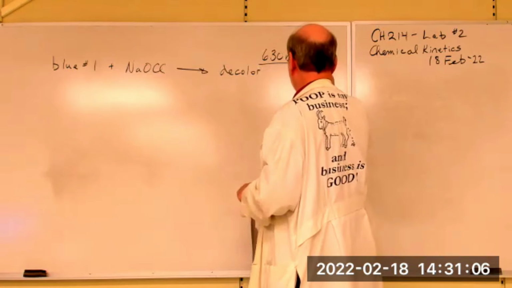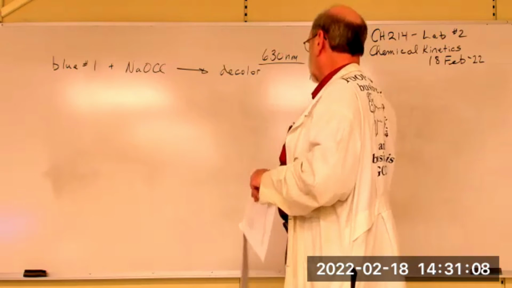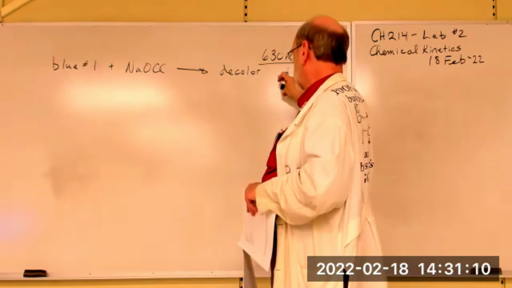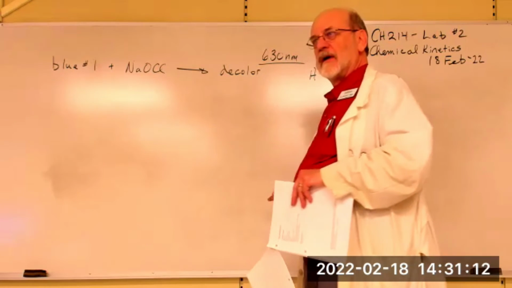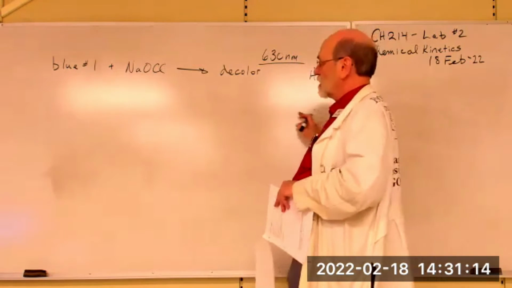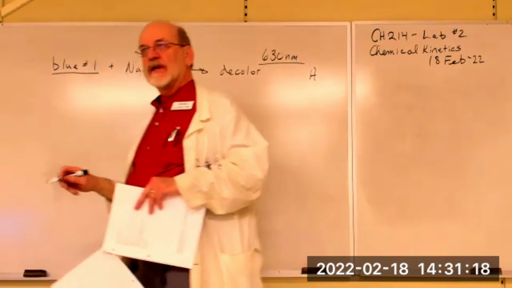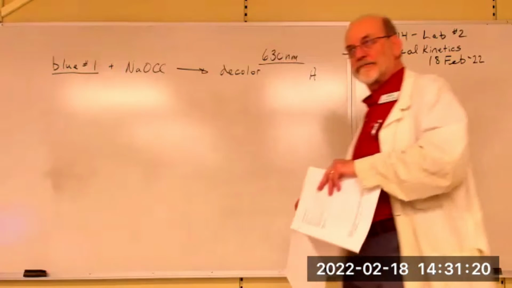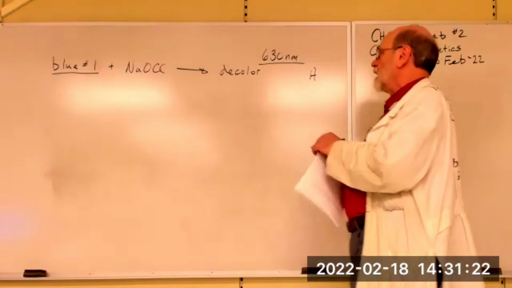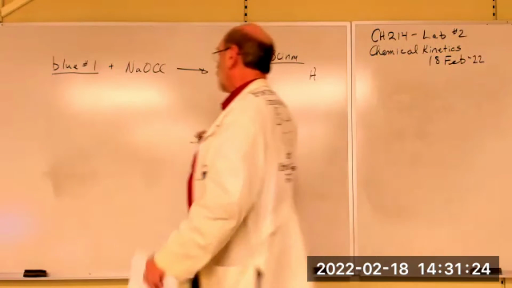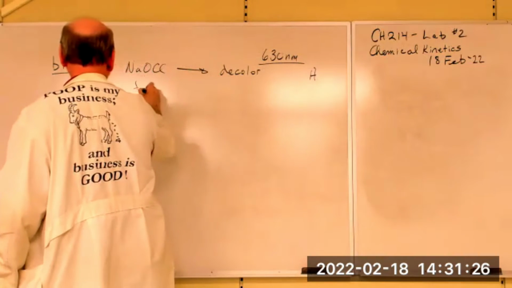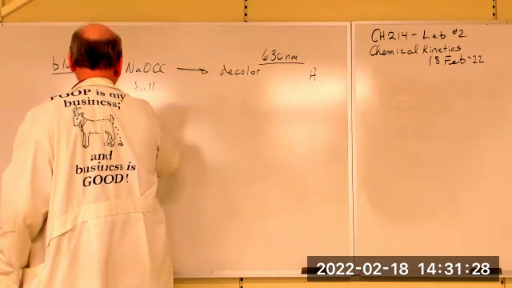The absorbance units. So you get some kind of units up here and they'll gradually decrease over time. That's going to be a measure of the concentration of blue number 1 as it disappears. Okay. And we're going to do that for full strength and then for half strength.